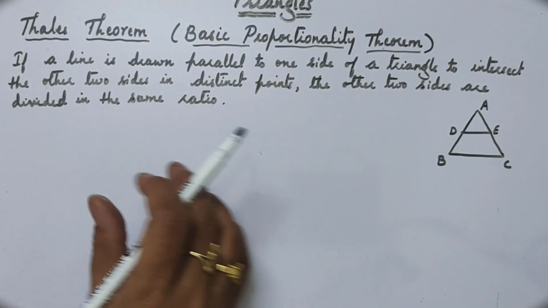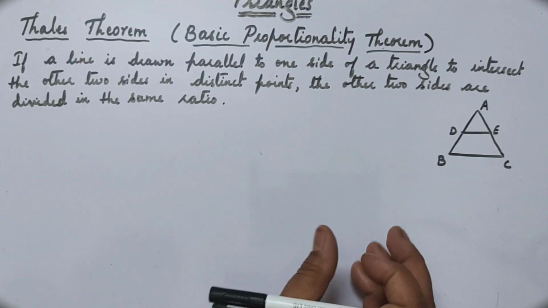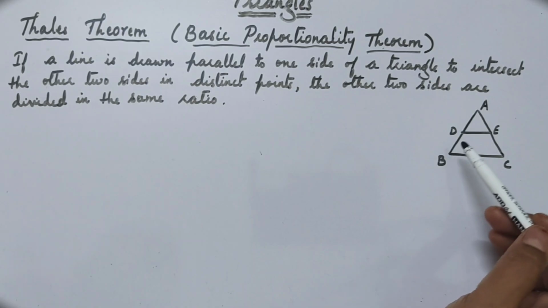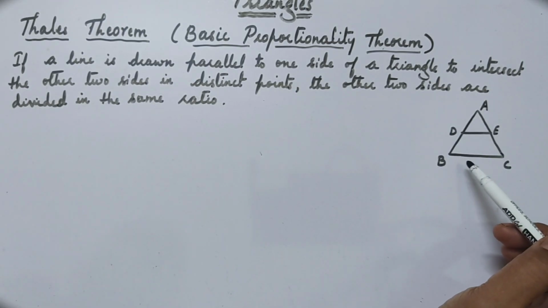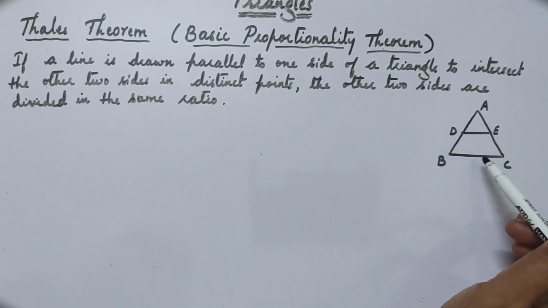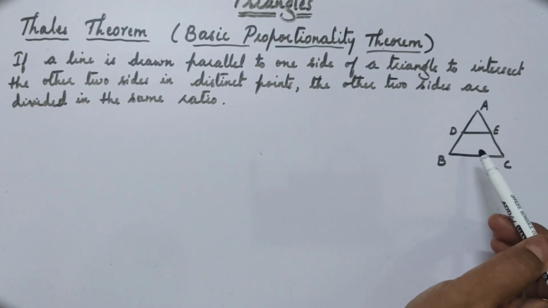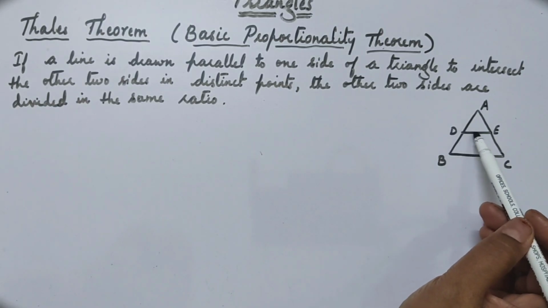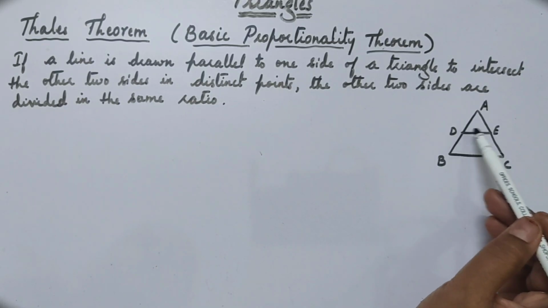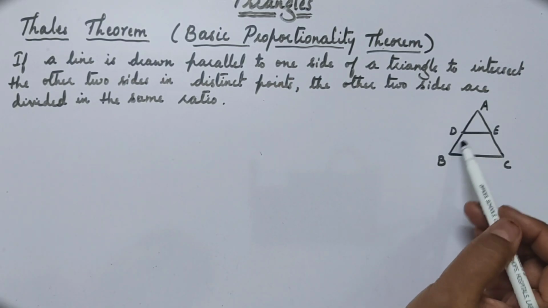Now this is called Thales theorem, okay. So what does the Thales theorem basically say? That if you have a triangle and you draw a line parallel to one of the sides of the triangle, let's say that DE is parallel to BC, then this theorem says, okay, the line will intersect the triangle at these two distinct points, then the other two sides are divided in the same ratio.